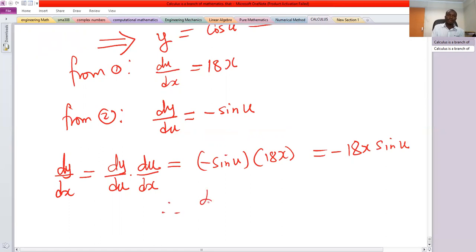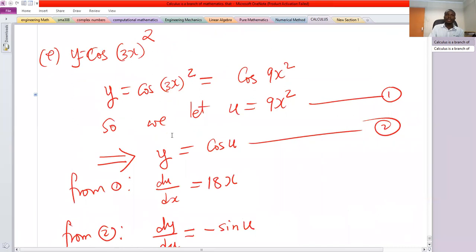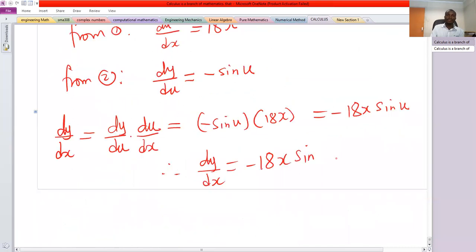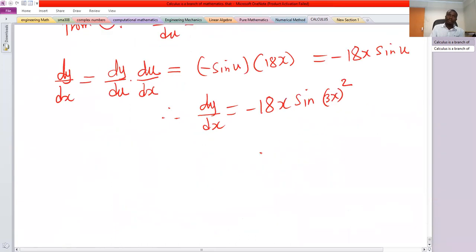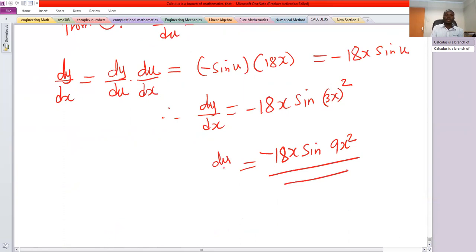So therefore, dy dx will be negative 18x sine of u, which in this question is 9x squared, or just negative 18x sine of 9x squared. So that's how we solve that.